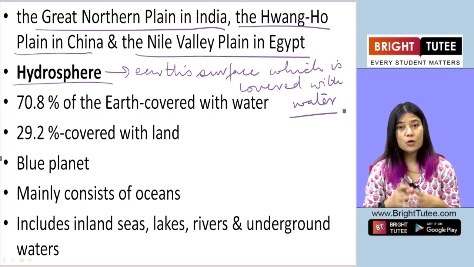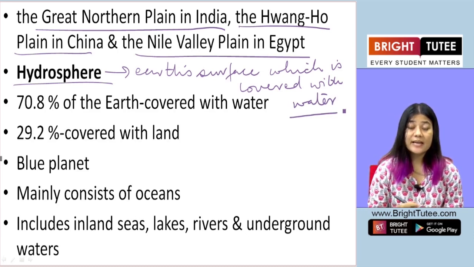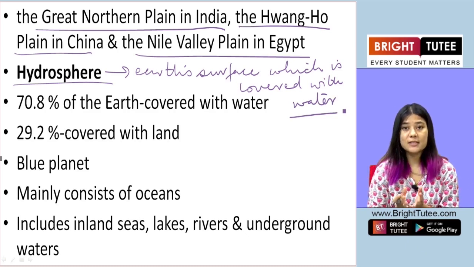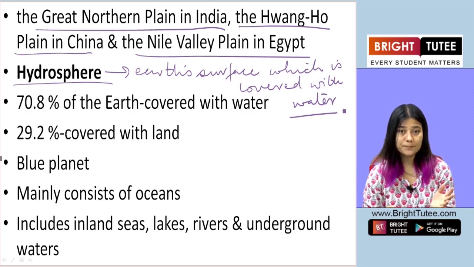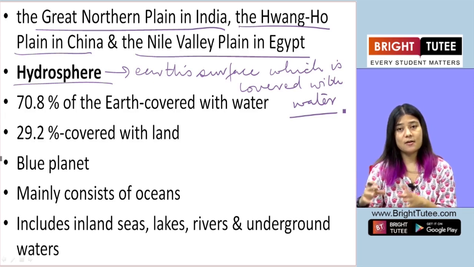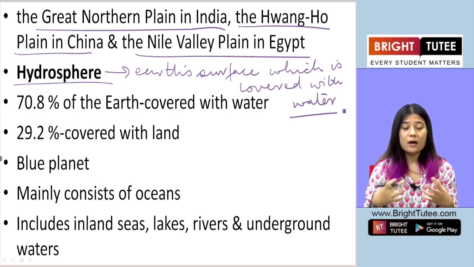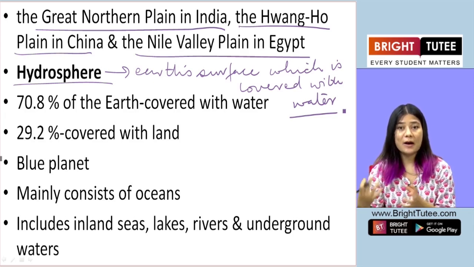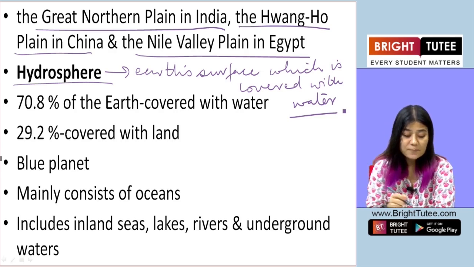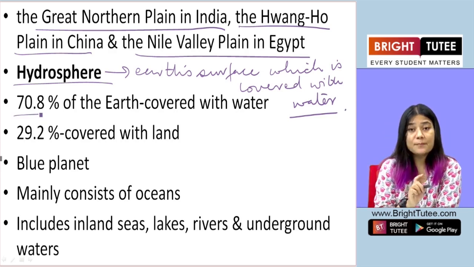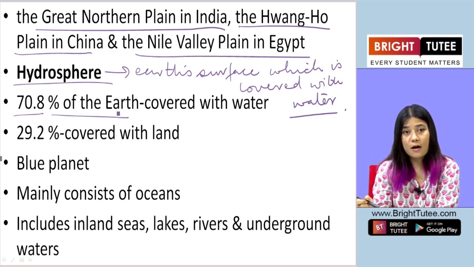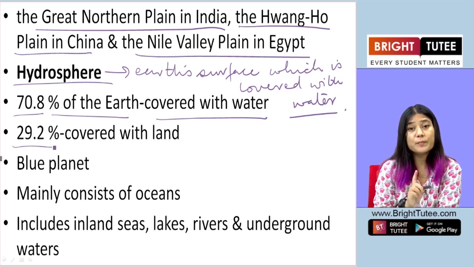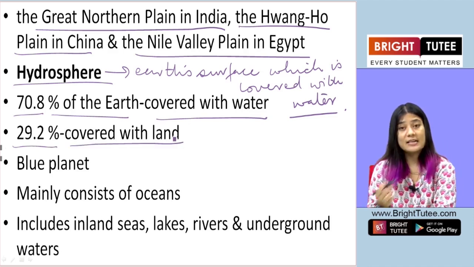If you look at planet Earth, then you'll notice that most of the planet Earth is covered with water, and less than what the area covered by water is, the land mass is present. 70.8% of the Earth is covered with water, and the remaining 29.2% is covered with land.